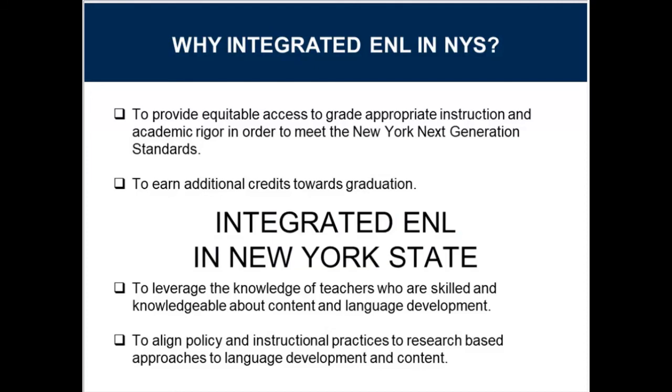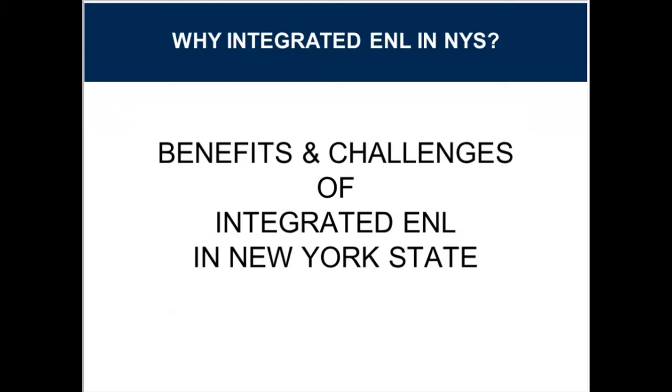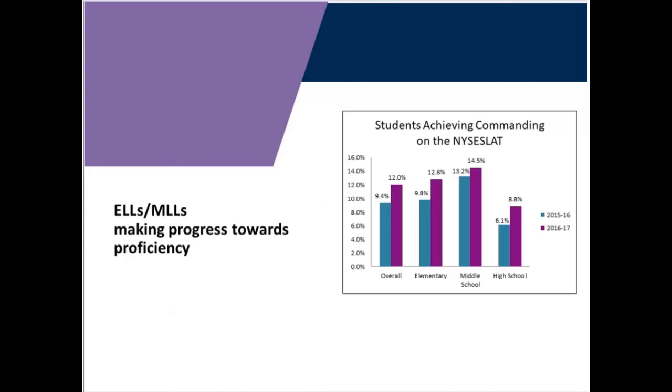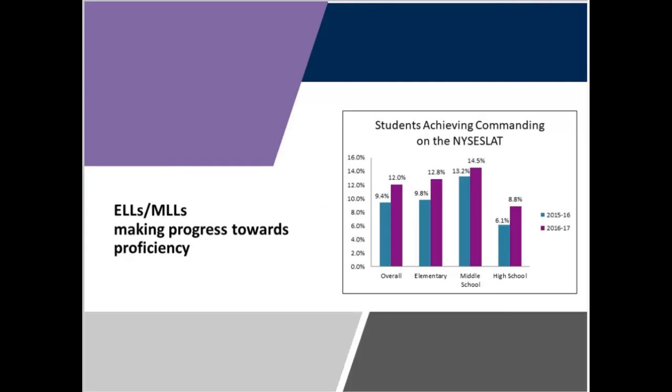Although we know that much work needs to be done, we are very excited about the progress our students are making. As you can see, the percentage of ELs in this slide achieving commanding on the NYSESLAT has increased across all grade levels from 9.4% in 2015-16 to 12% in 2016-17.